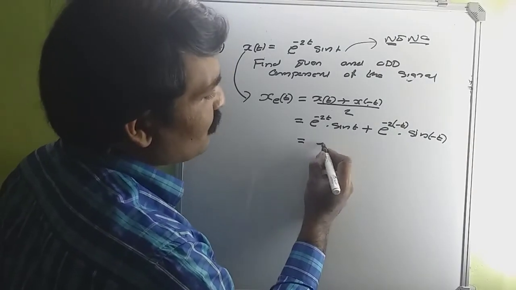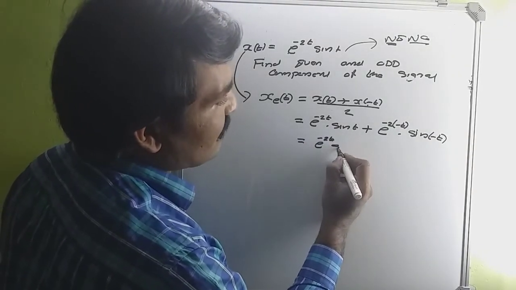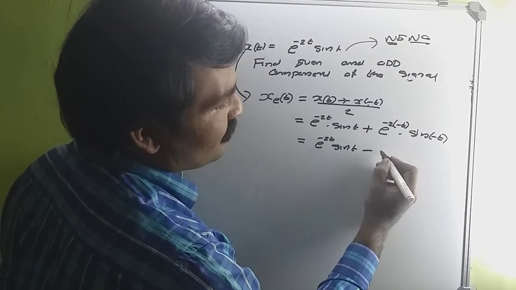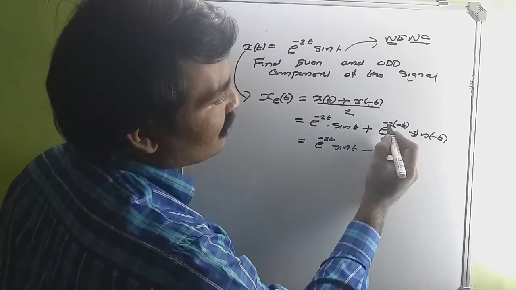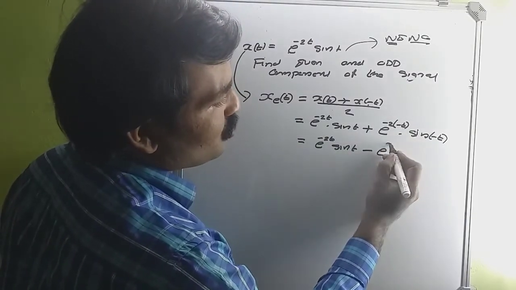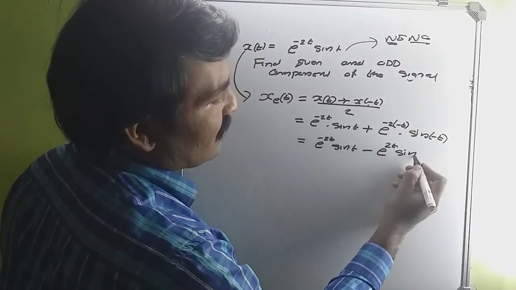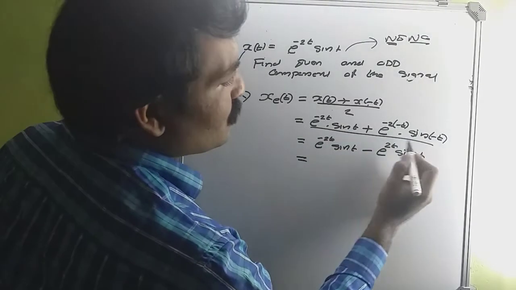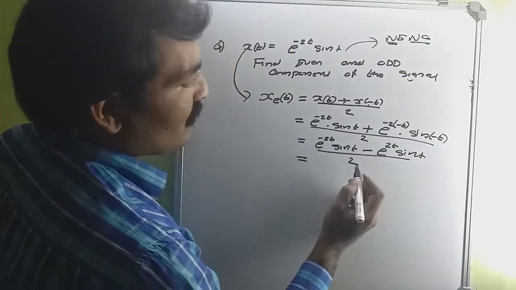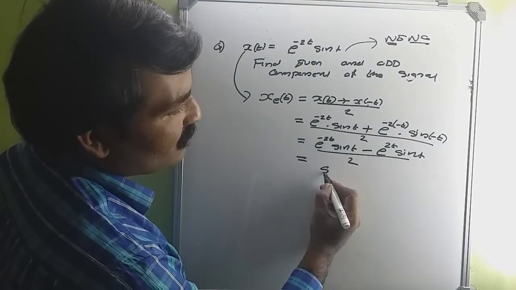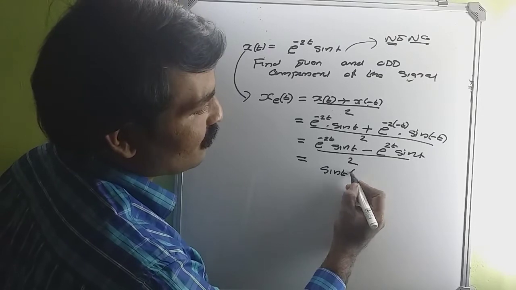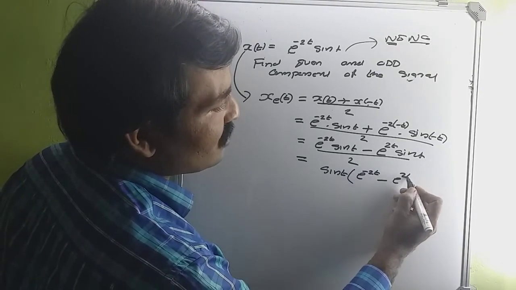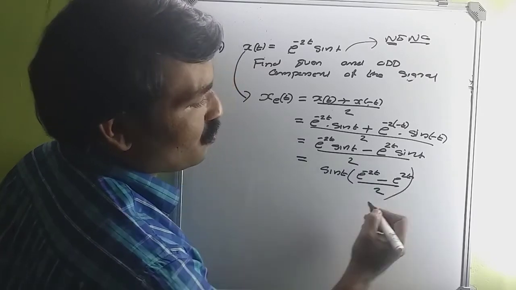That is e raised to 2t, and sin of minus t is equal to minus sin t. That means minus e raised to 2t into sin t. Sin t is common, that can be taken, whole divided by 2. So we get sin t into e raised to minus 2t minus e raised to 2t, divided by 2.